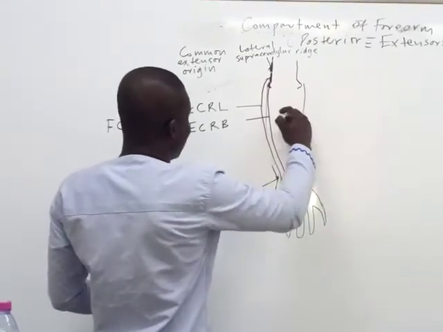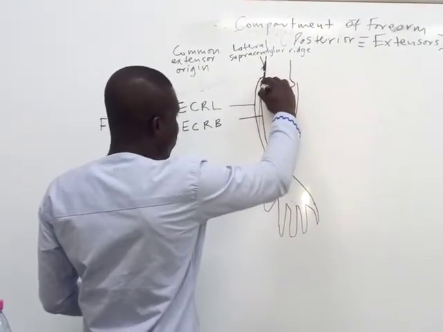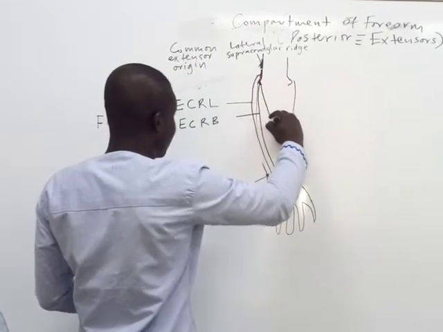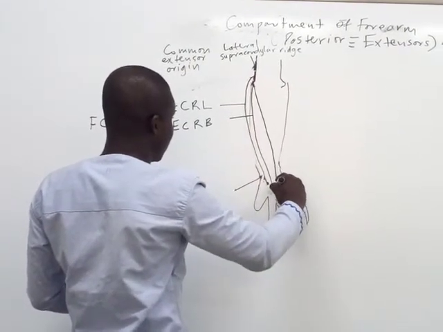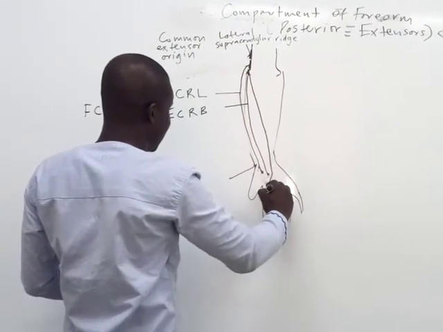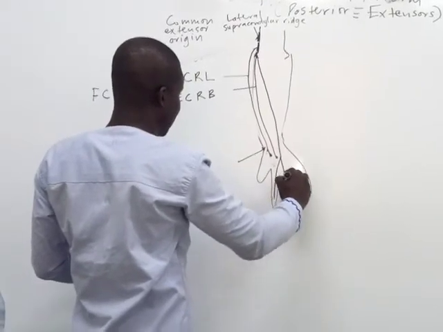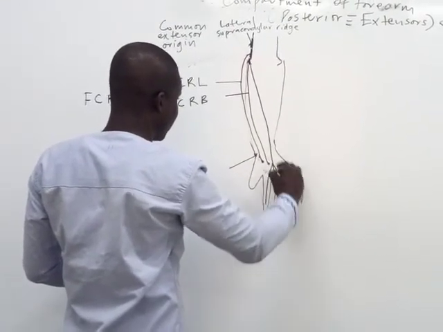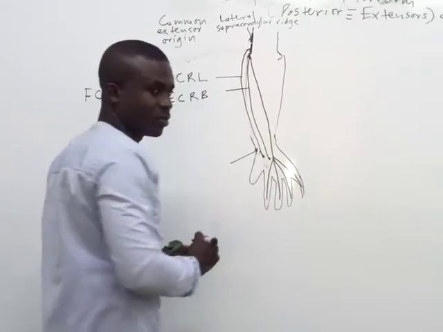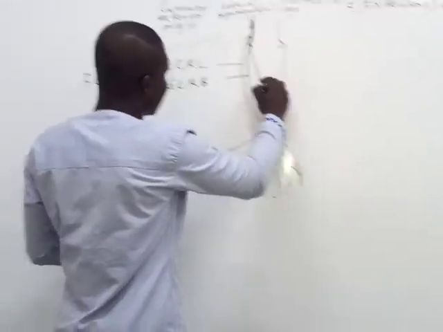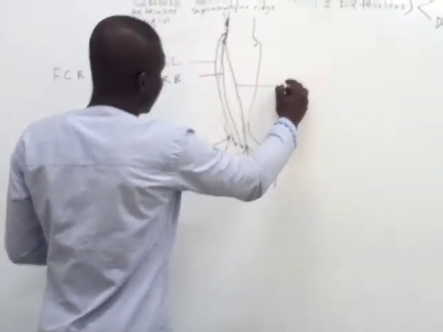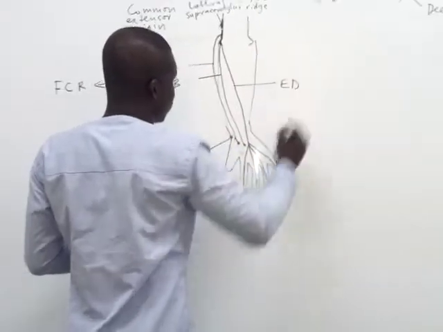Now, the other muscle, which takes origin from the common extensor origin, comes and its tendon divides into 4 to the fingers. This muscle is known as extensor digitorum.